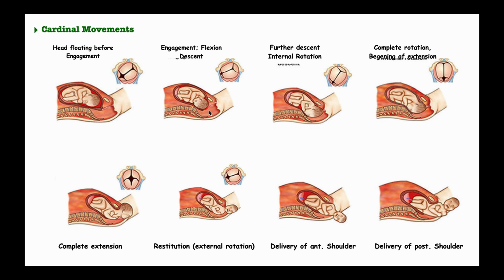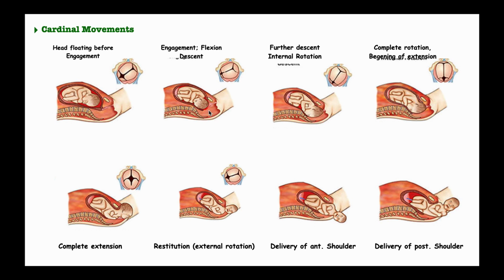Now, there is further descent and rotation. So the descent is the downward passage of the presenting part through the pelvis, and this is facilitated by the maternal uterine contractions. Now, during flexion, what happens is that as the fetal head descends, it encounters the resistance from the bony pelvis as well as the soft tissue of the pelvic floor, and this results in a passive flexion of the fetal head.